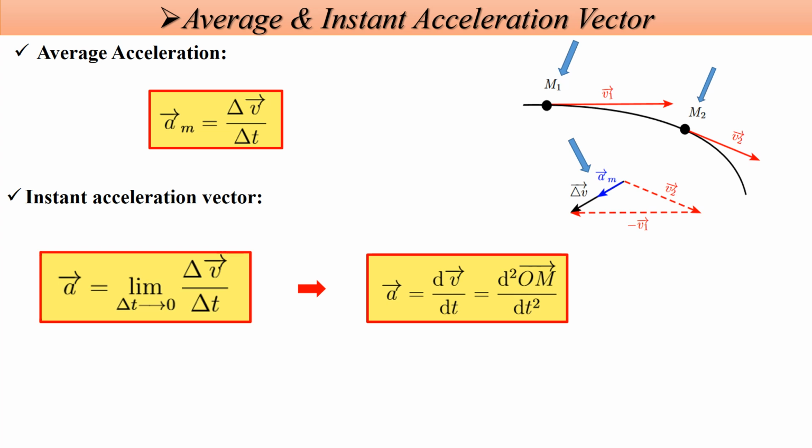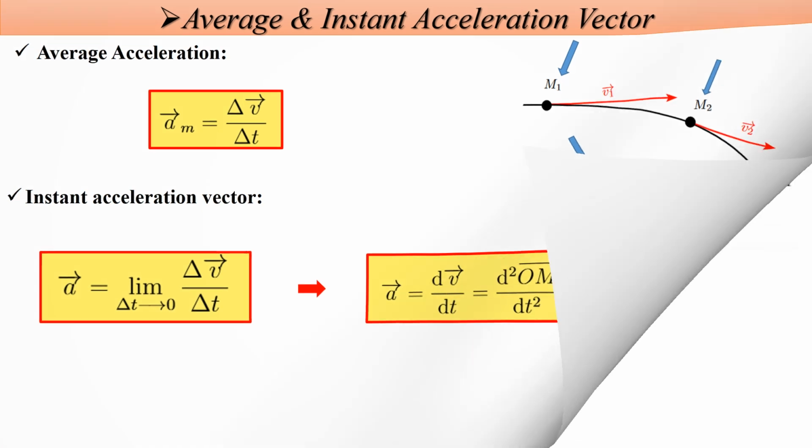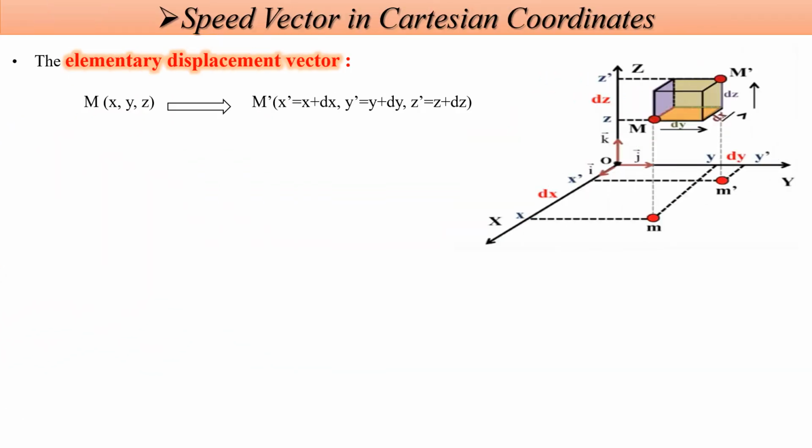Let's begin with Cartesian coordinates. When the material point M moves an infinitesimal amount in space, that means an elementary displacement of the position M to a very close position M prime.